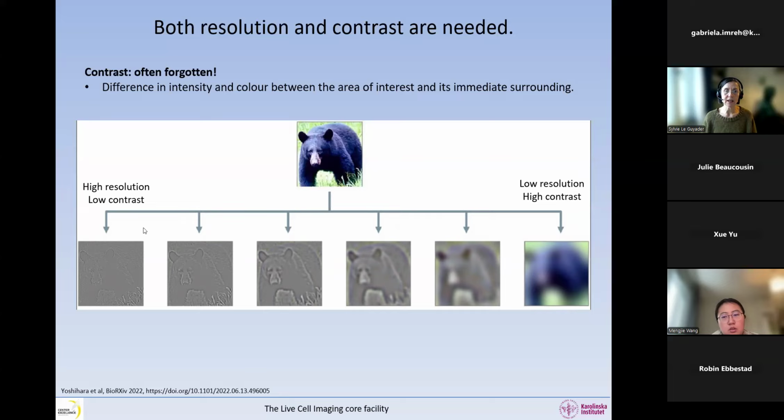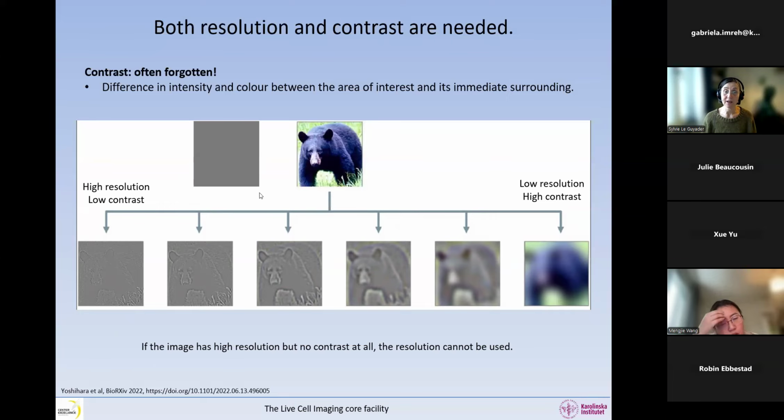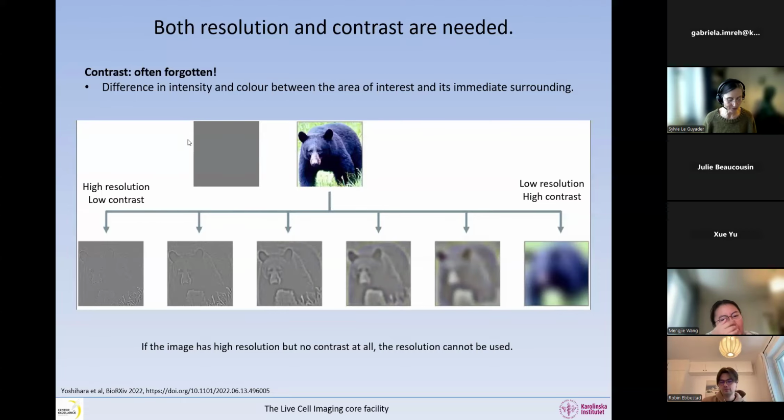So you can see that if we have a low contrast, even if we have a high resolution, we may not be able to work with the images. So there is a crosstalk between contrast and resolution. If an image has a high resolution, but no contrast at all, like this one, the resolution cannot be used.